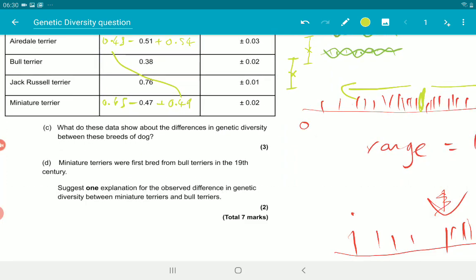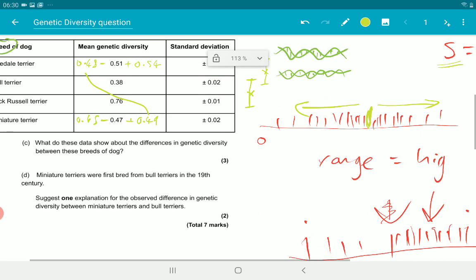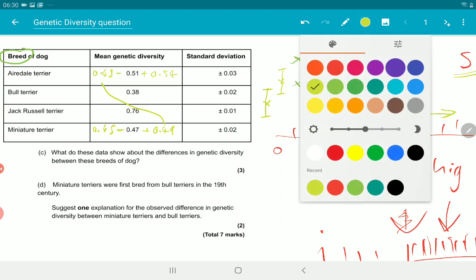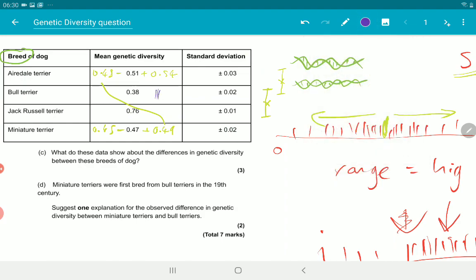Miniature Terriers were first bred from Bull Terriers in the 19th century. This suggests one explanation for the observed difference in genetic diversity between Miniature Terriers and Bull Terriers. So the Bull Terriers show less genetic diversity than the Miniature Terriers.